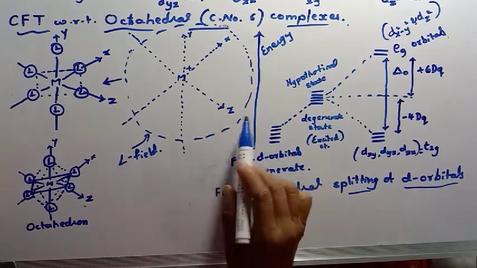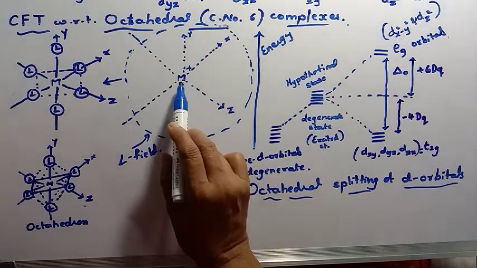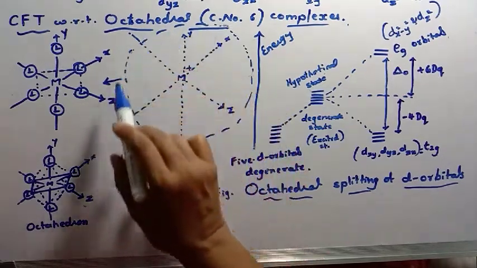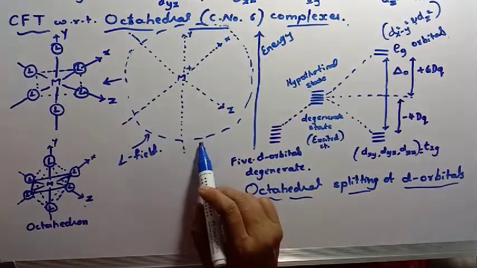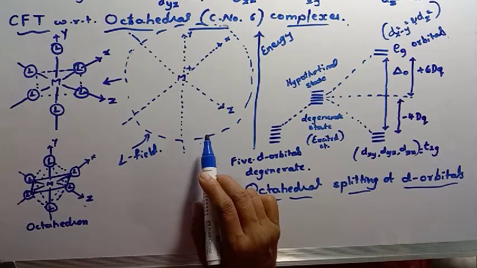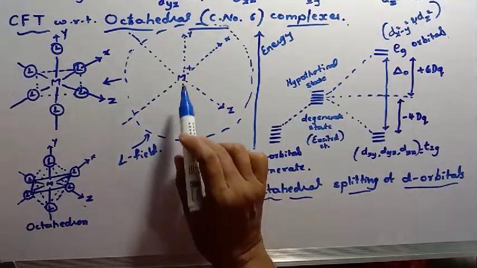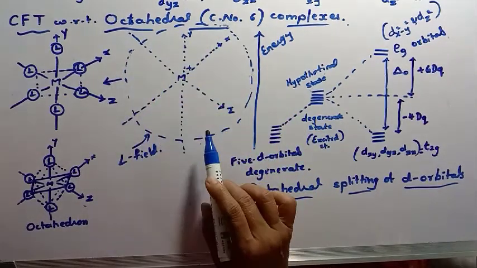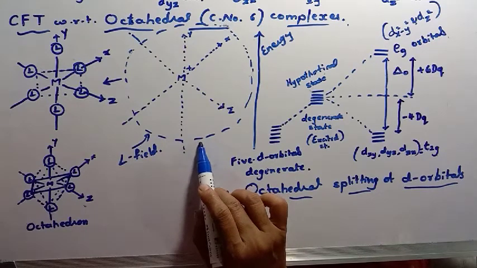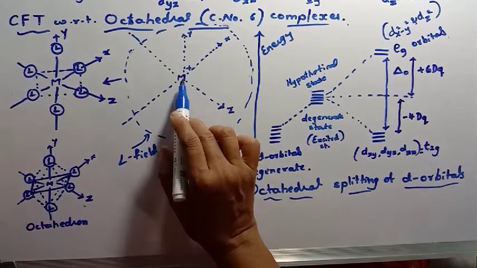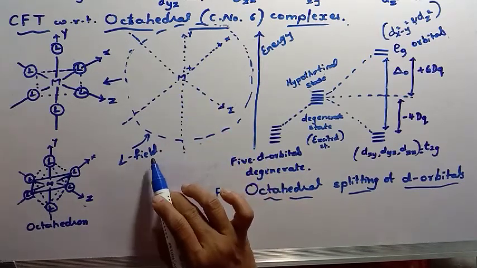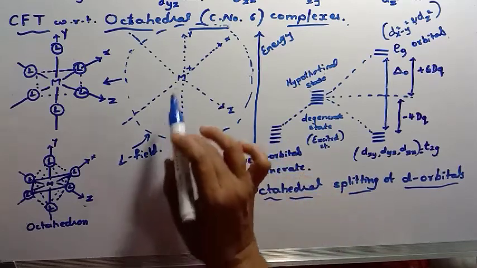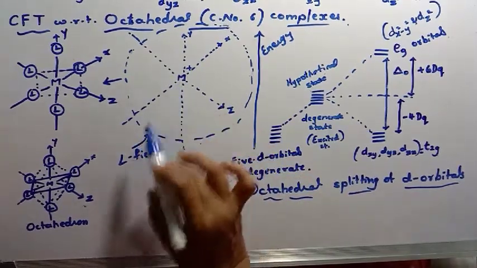When the ligand field approaches the central metal ion, and the metal ion is spherically surrounded by the symmetrical field of the ligand, there is an interaction between the d electrons of the metal ion and the electrons of the ligand. But all the 5 d orbitals are at equal distance from the ligand.